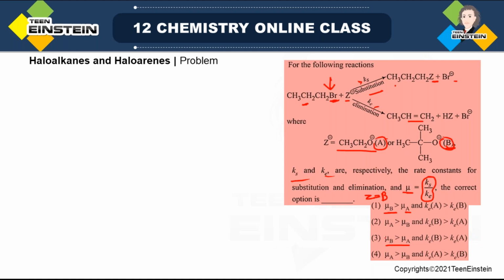So 1 and 3 are the same in this part, but in options 2 and 4, mu A may be greater than mu B. So we have to find which one is correct. 2 and 4 are the same, and 1 and 3 are the same.